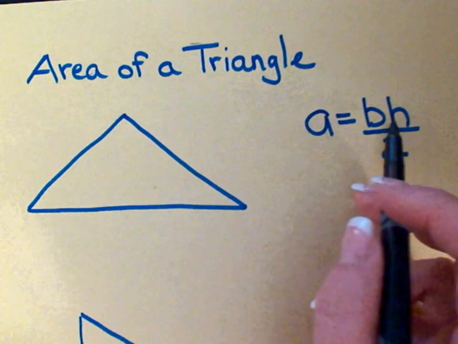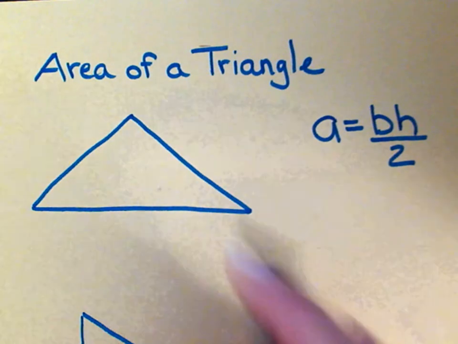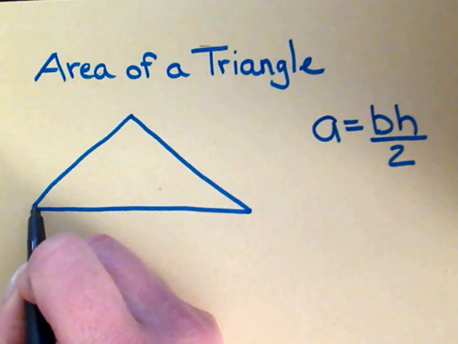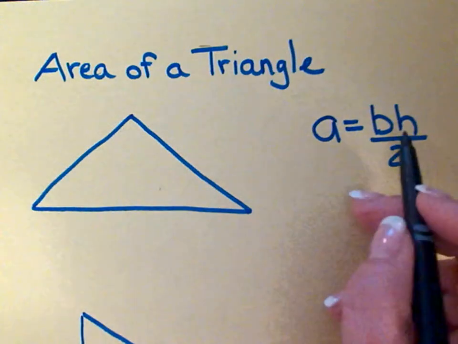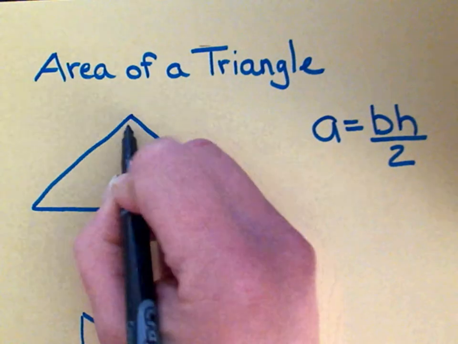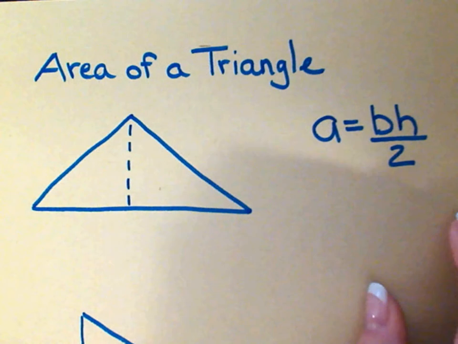When we have our triangle, we are looking for our base and our height. Our base and our height are going to run perpendicular to each other at a 90-degree angle. Well, notice I don't have any 90-degree angles. The height goes from the bottom to the top in a straight line.